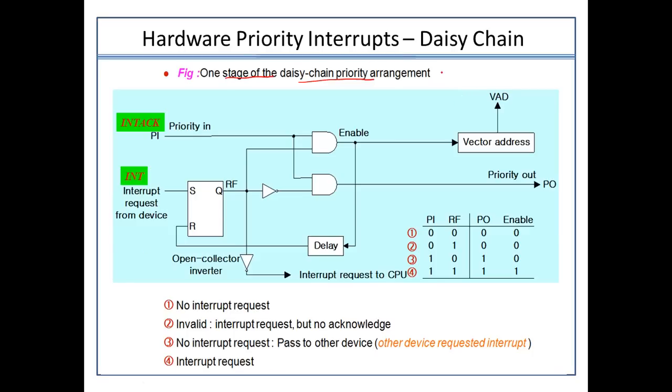Now we know that within one stage of this daisy chain, either pi equals 0 and po equals 0, pi equals 1 and po equals 0, or pi equals 1 and po equals 1. So we are going to determine the situation when the values of pi and po are equal to 1. So let's understand them.